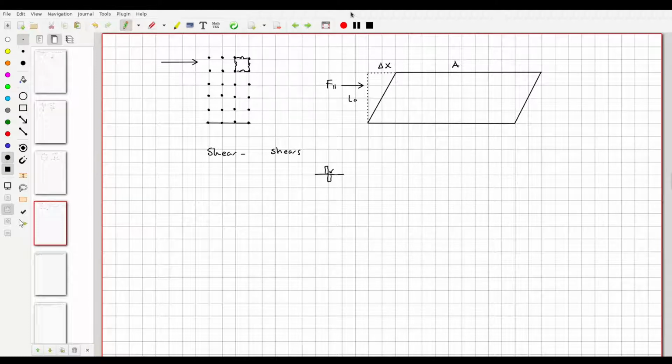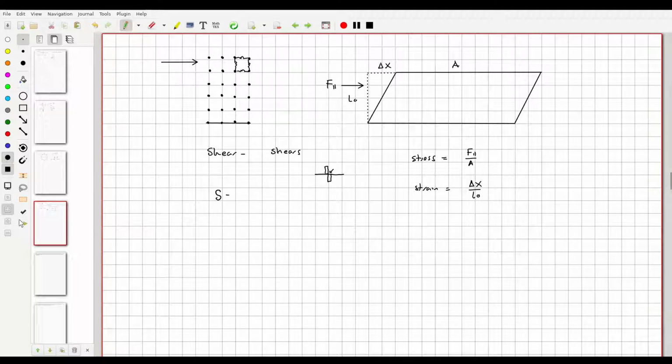The bigger the L naught for equal amounts of force, the further this would be pushed over and the bigger the deformation. So your stress here is the parallel force that's being applied against the area, and the strain, the deformation, is that change in x over the length.